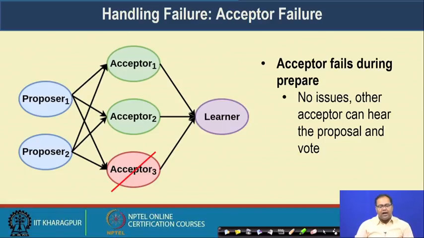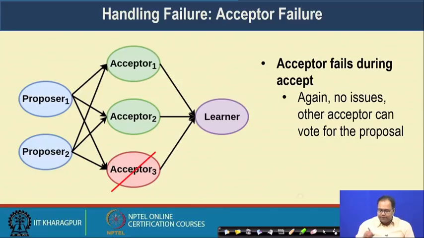Now, let us see what happens whenever certain acceptors fail. An acceptor can fail during the prepare phase. If the acceptor fails during the prepare phase, then you do not have any issue, as there are other acceptors who can hear the proposal and they can vote either for the proposal or against the proposal.